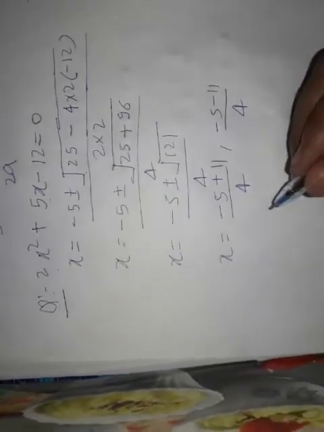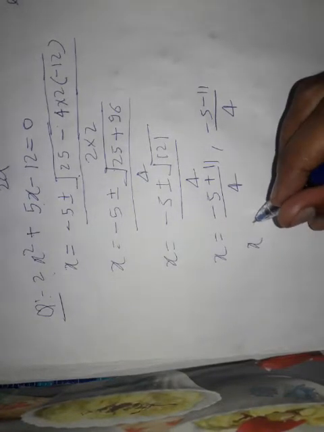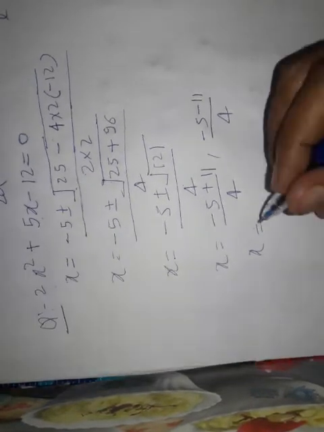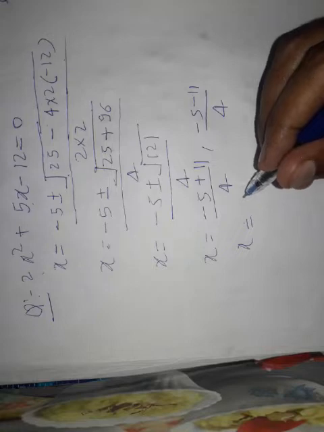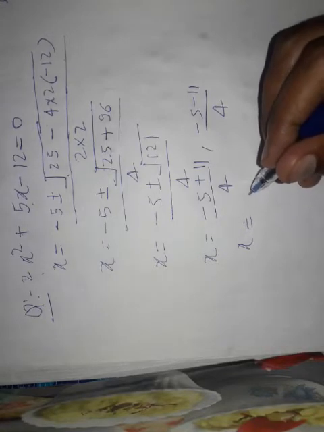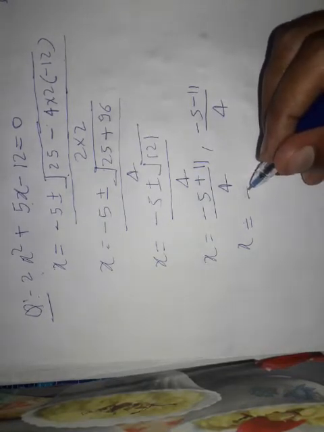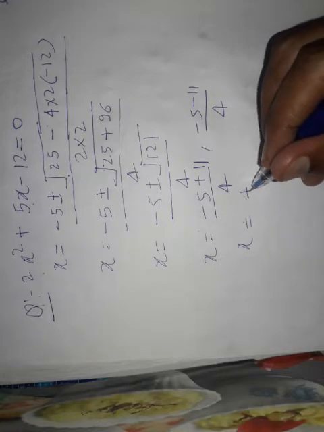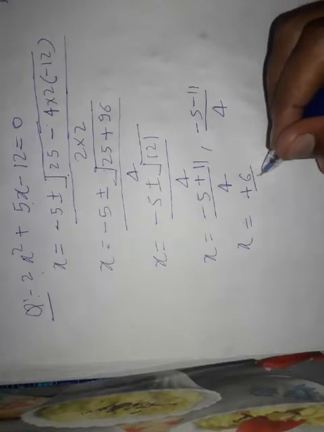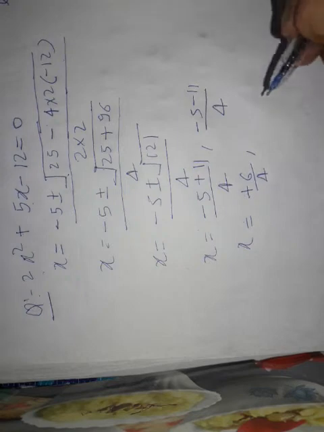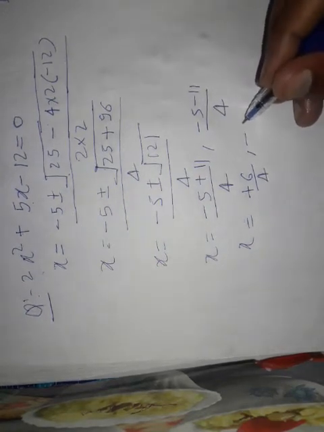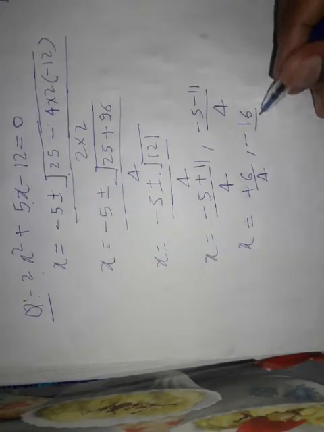So this solution gives us two roots: first plus 6 upon 4 and second minus 16 upon 4.